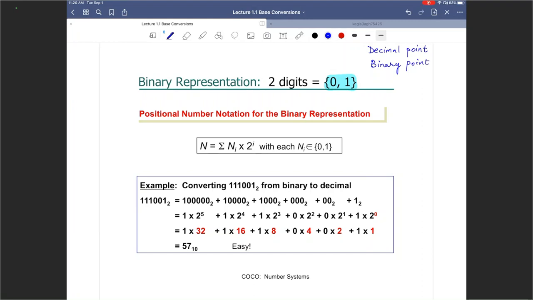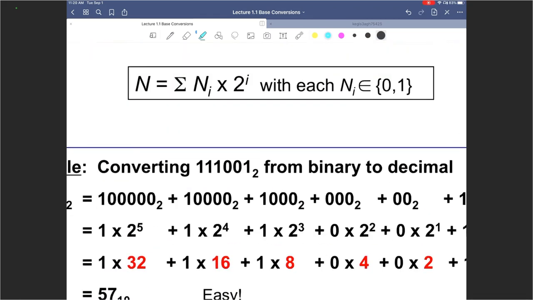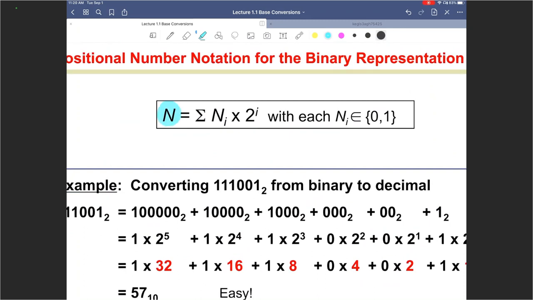So what changes when you are still using positional number notation? How can you represent any number n? The only thing that changes is the 2 raised to i. So instead of having increasing or decreasing powers of 10, now you have increasing or decreasing powers of 2. Where n_i, each symbol, can only belong to the set 0 and 1 because we are talking about binary numbers.